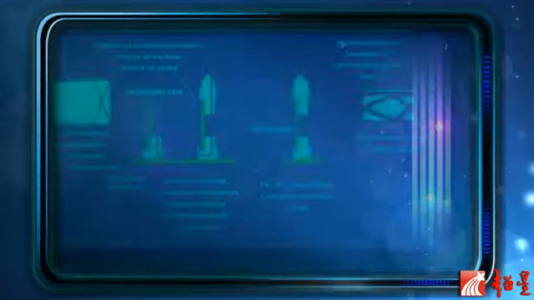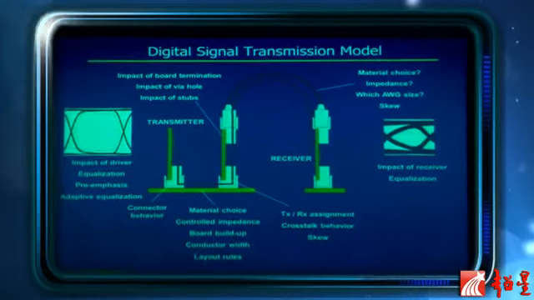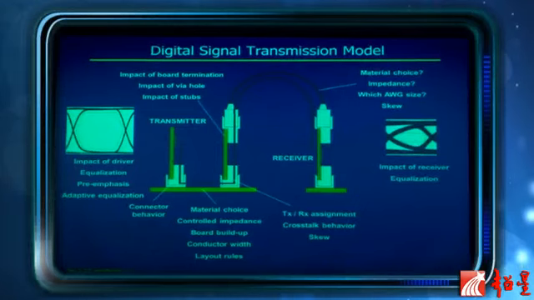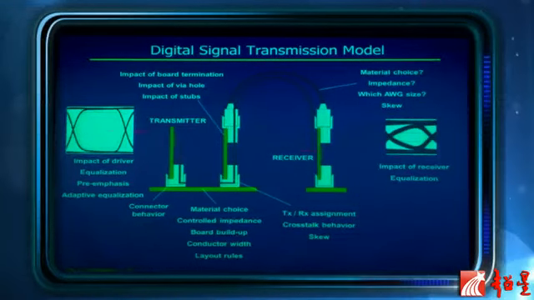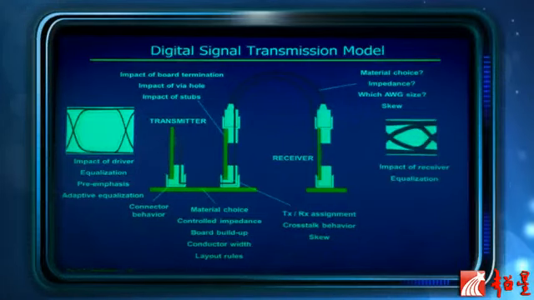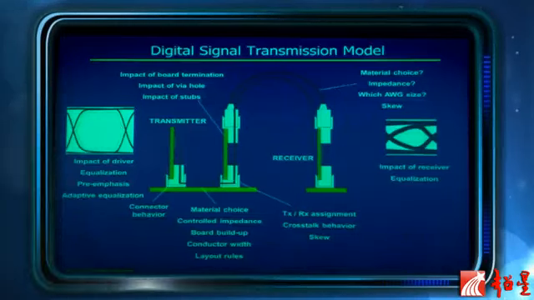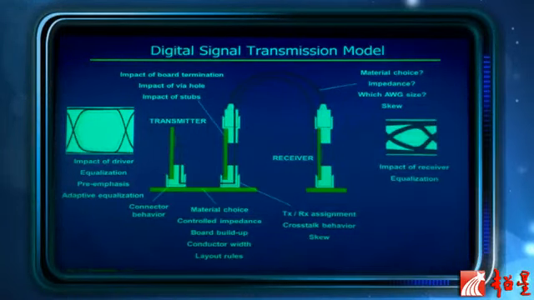Digital signal transmission model. When we send a digital signal through a transmission channel or transmission path from the transmitter to receiver, to study the quality of the signal, we can use the so-called eye diagram.